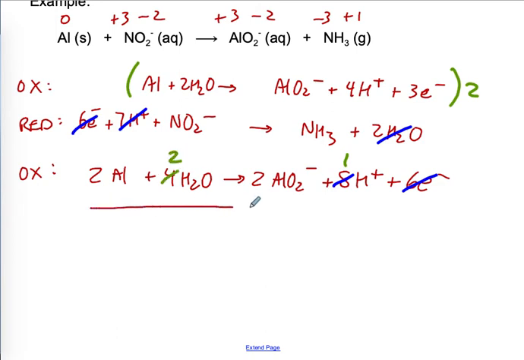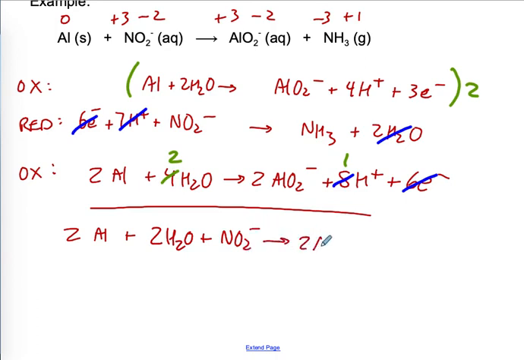So, to rewrite this, I have 2 aluminum plus 2 water molecules plus nitrite reacts to form 2 aluminate plus ammonia plus 1 hydrogen ion. Okay? Now, this is balanced.